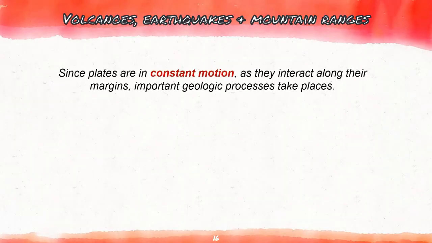Since plates are in constant motion, that means the plates are moving slowly as they interact along their margins. When we speak of the margins, we are referring to the boundaries or the edges of the plates. Important geologic processes take place. Every time the plates move, something is formed or occurs.